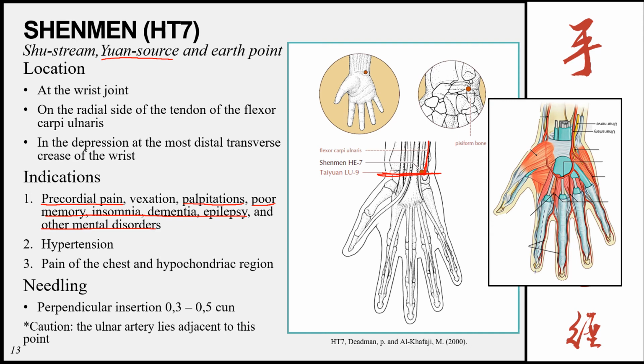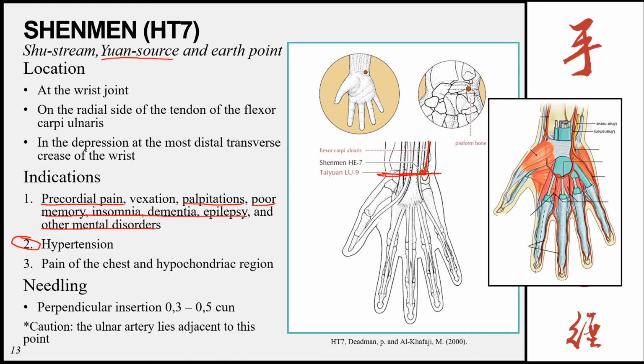The secondary indication for hypertension is again due to the fact that the heart governs the blood and the blood vessels, and therefore a disorder of the heart could lead to disorders in the blood pressure. And finally, this point can be used to treat pain of the chest and hypochondriac regions.